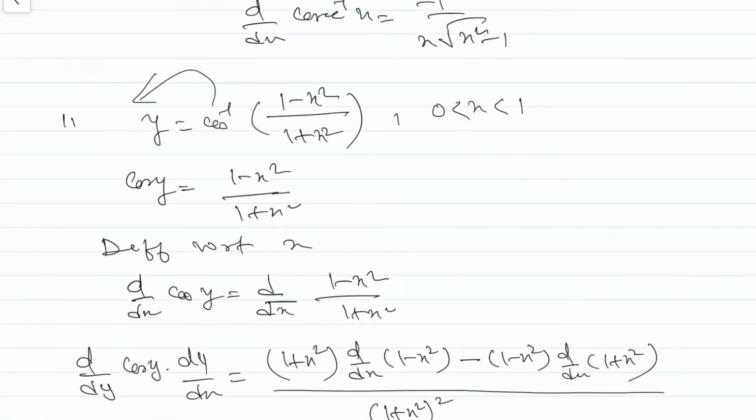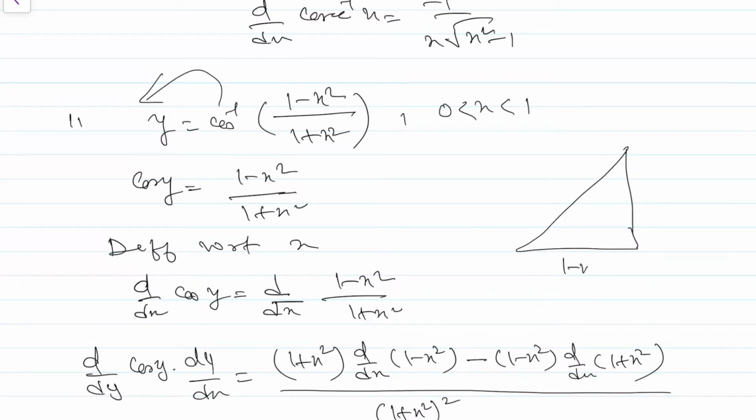In the starting, we have taken cos y equal to 1 minus x square upon 1 plus x square. That is, if you draw the triangle, cos means base divided by hypotenuse, so this side will be 1 minus x square and this side will be 1 plus x square.